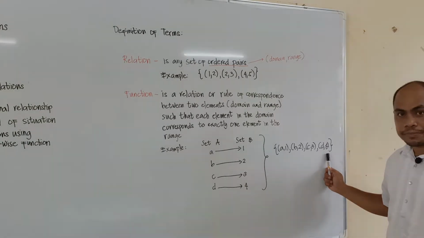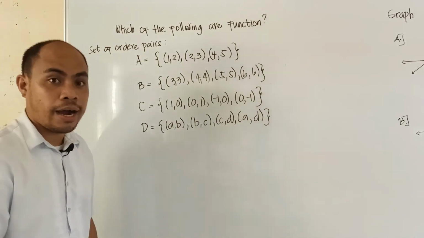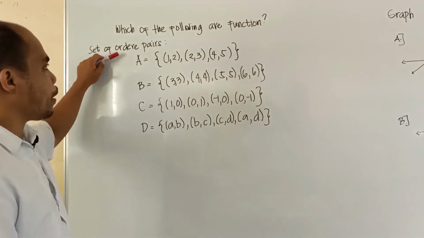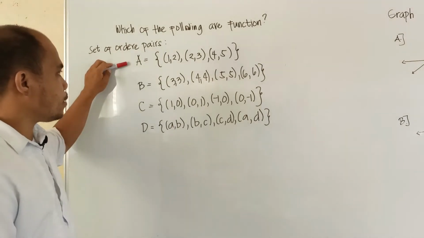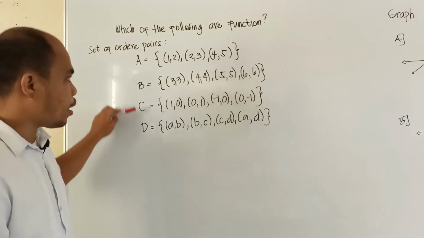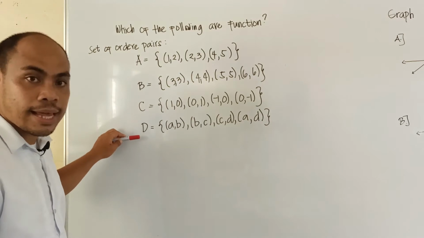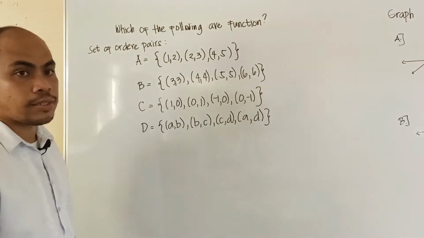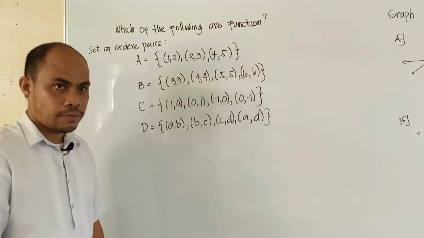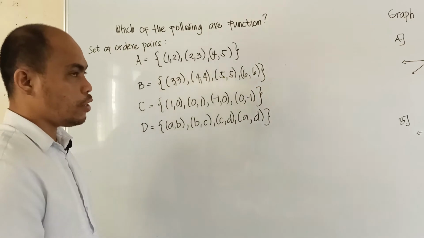Now, which of the following are functions? Let's have sets of ordered pairs: set A, set B, set C, and set D. Let's identify whether each set is classified as a function. If it is not a function, it is called a mere relation.